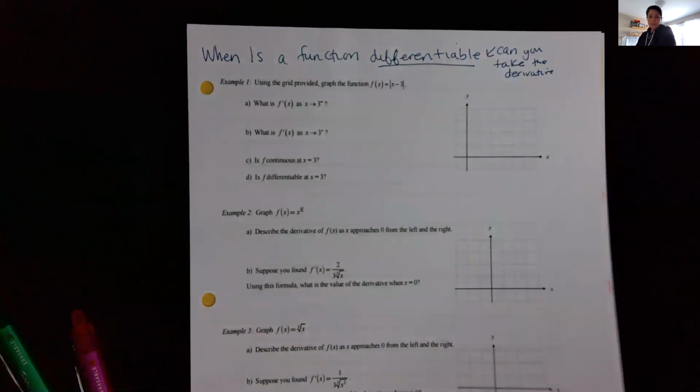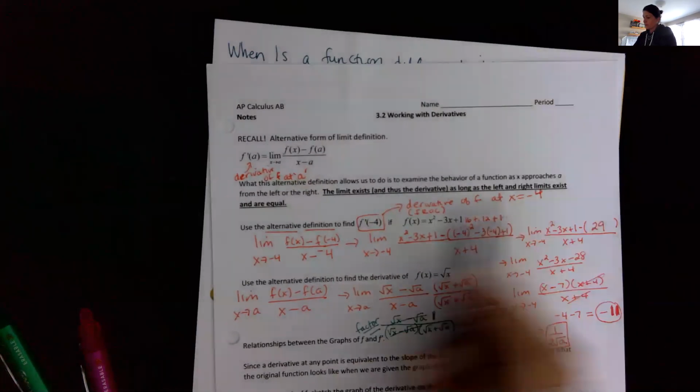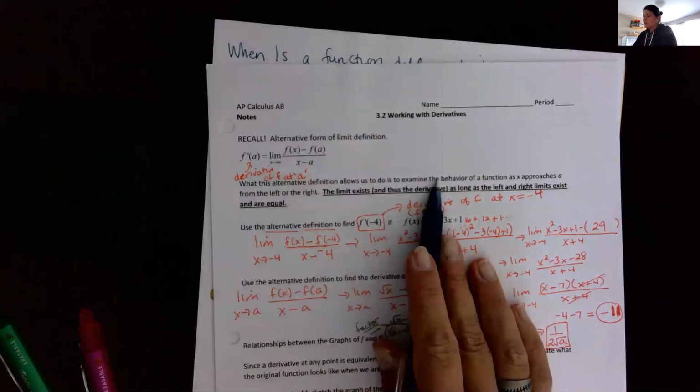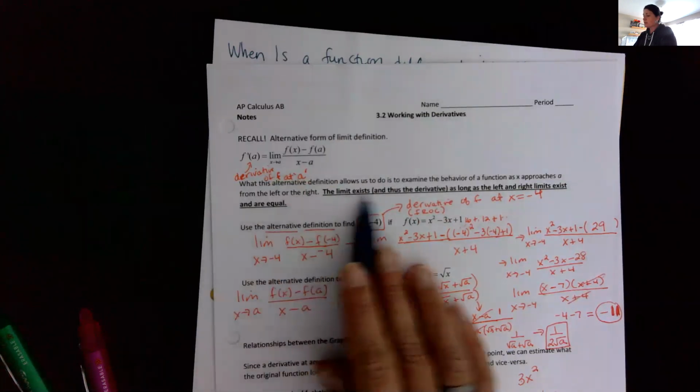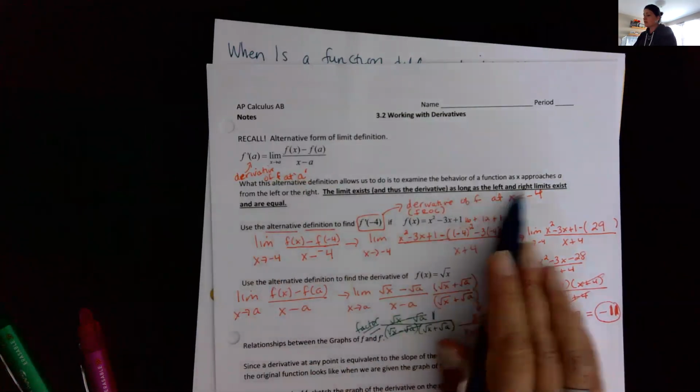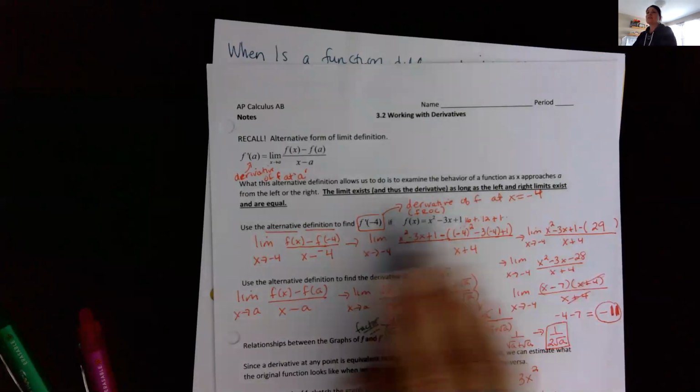And remember what we just said on the very first page of notes. The alternate definition allows us to examine the behaviors of a function from the left or the right. The limit exists, and thus the derivative, as long as the left and right limits exist and are equal.